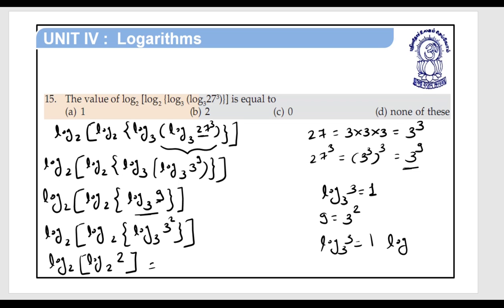Log 2 to the base 2 is equal to 1. So log 1 is equal to 0. So the answer is C, 0.